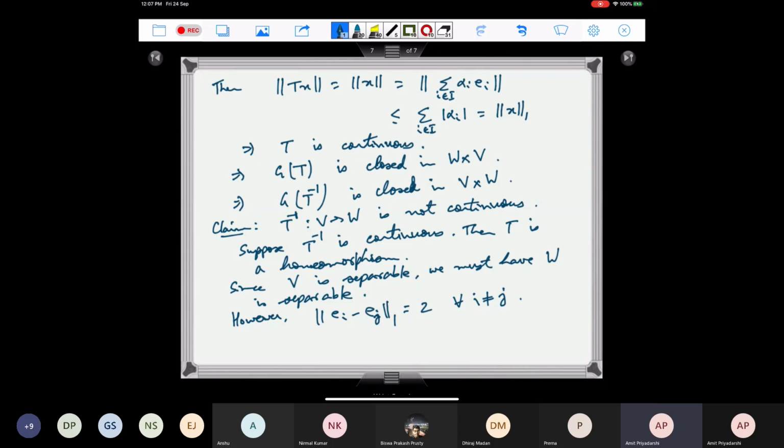Because the way this is defined is you look at the summation of mod of alpha_i. So here we have 1 and minus 1, so the sum of moduli is 2. So norm of e_i minus e_j is equal to 2 whenever i is not equal to j, and this collection e_i is uncountable. So therefore it cannot be separable.